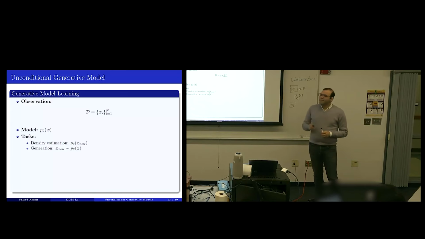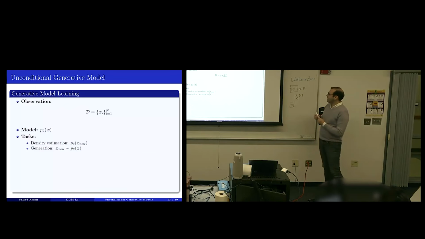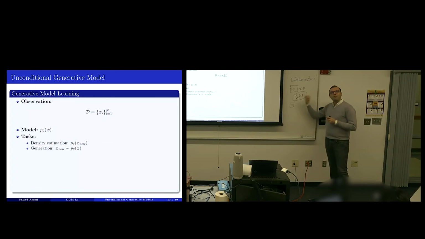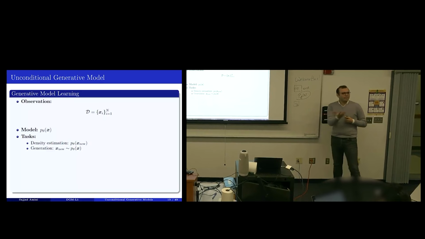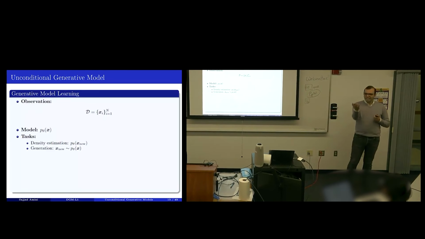The other one is generation. If you train this distribution and you are capable of generating new samples, what does it mean? Give me samples of high probability. What do you expect of those samples? Too much real data? Yeah, exactly.